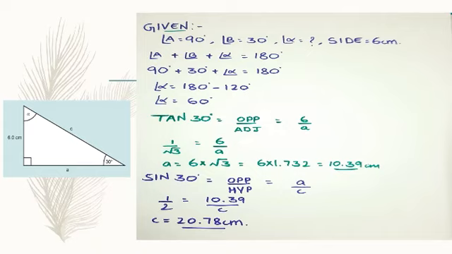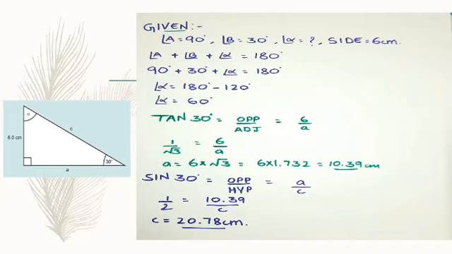If you cross multiply, a is equal to 6 into root 3, that is equal to 6 into 1.732. The value of root 3 is 1.732. If you multiply both, you get 10.39 centimeter. So it is clear we got the adjacent side, that is small a side.